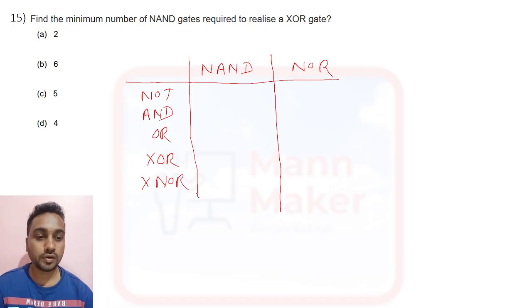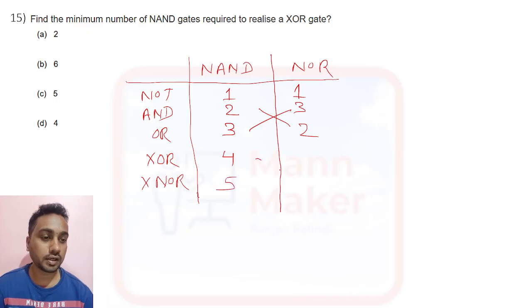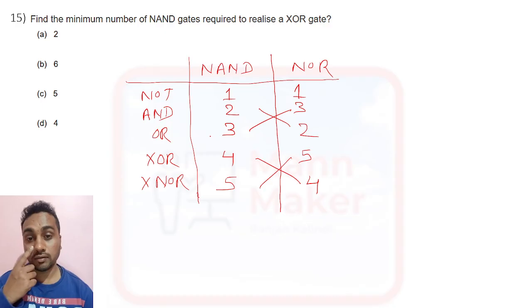So if this is 1 and 1, okay, this is 2, this is 3, again cross this one, 3 and 2, this is 4, this is 5, again cross this one, this is 5 and this is 4. So whenever any question comes, it will come from this.